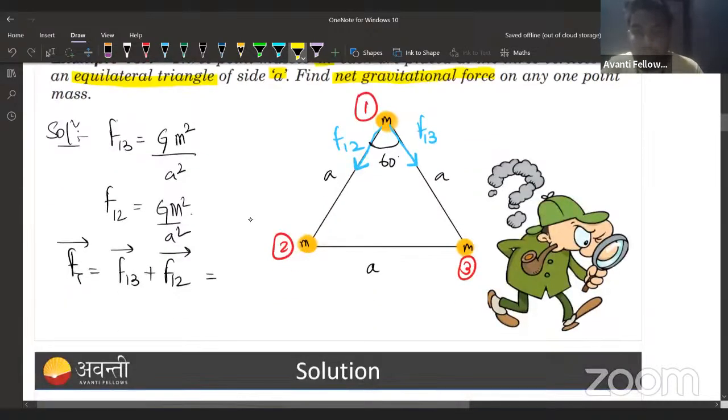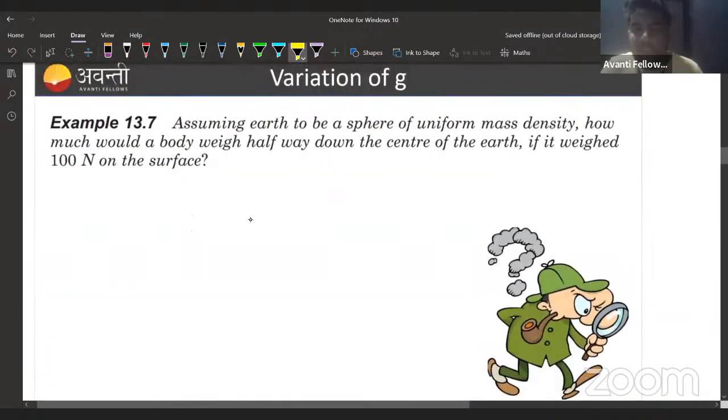Okay, let's move on. Now the next type of question is related to variation of the value of g. This is the question. I'll first explain the question, then you can try to solve it. Assuming Earth to be a sphere of uniform mass density, which we also assumed while we were deriving, that means we can use that formula.